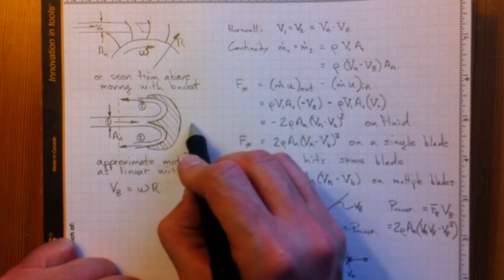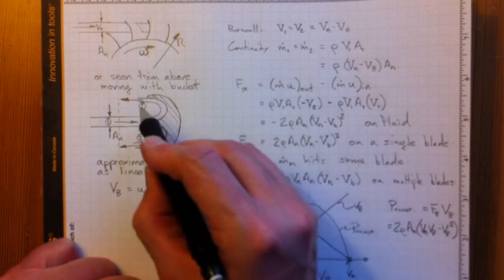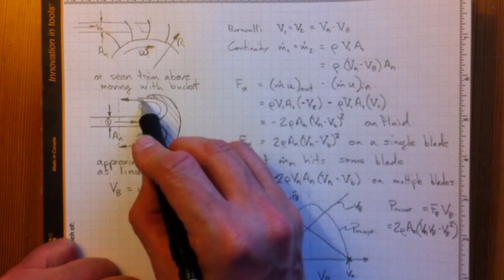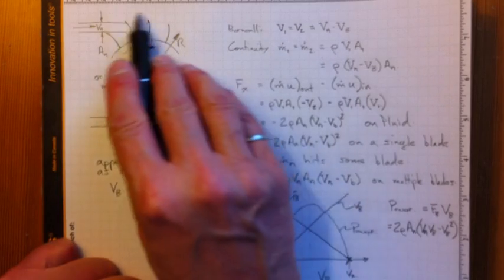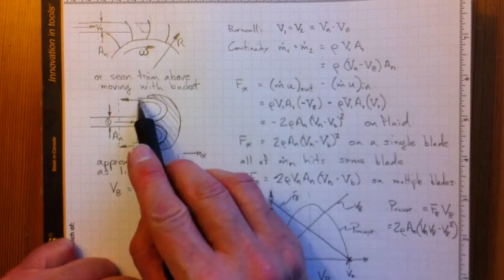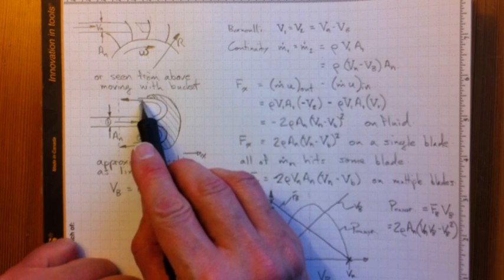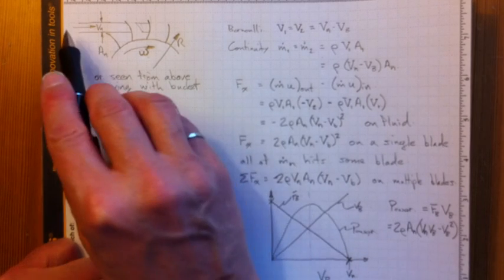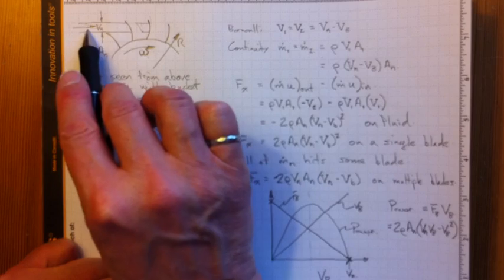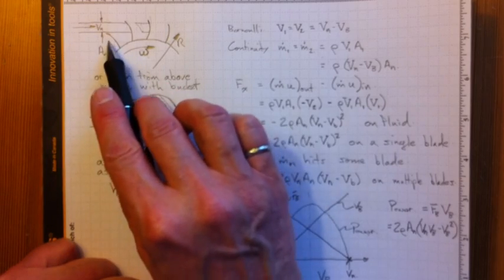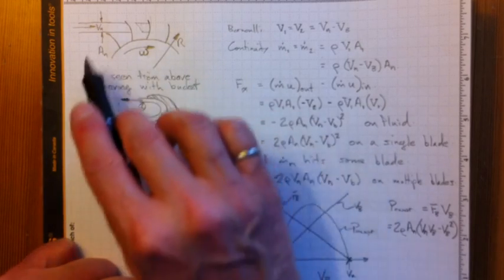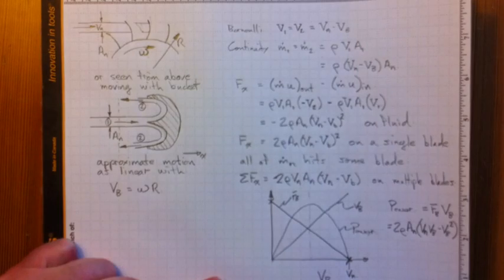But the bucket's traveling this way at half the nozzle velocity, so the fluid that comes out of here in our larger frame of reference is coming out at a velocity of 0. So as a result, we've taken all of the kinetic energy that we had in this jet and turned it into rotational energy driving this wheel.